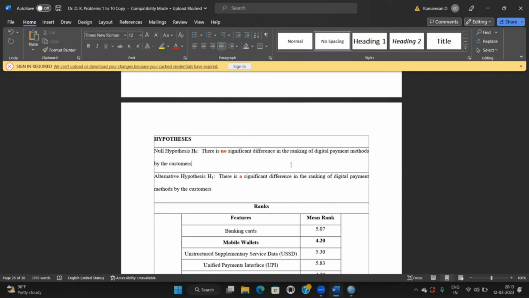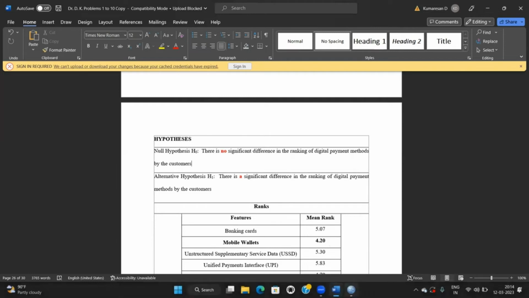Null hypothesis: there is no significant difference in the ranking of digital payment methods by the customers. Alternative hypothesis: there is a significant difference in the ranking of digital payment methods by the customers.